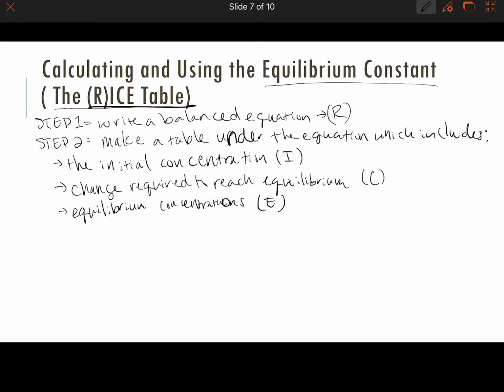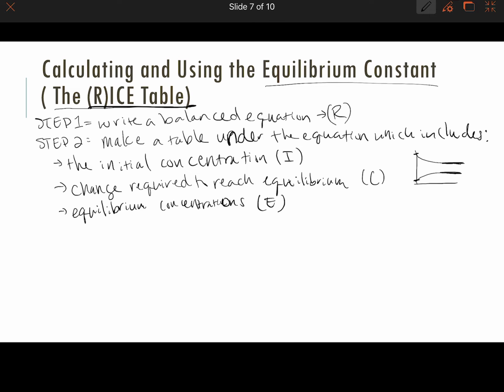The purpose of this is to see what we have to do from our starting reaction concentrations to get into our equilibrium concentrations. Remember, we start out with a reaction, we start out high in reactants, low in products, and we level out.